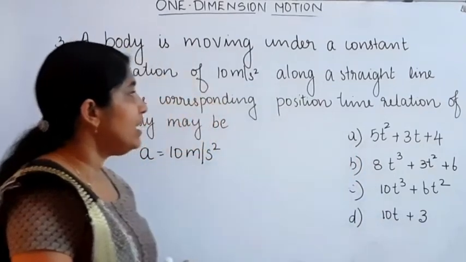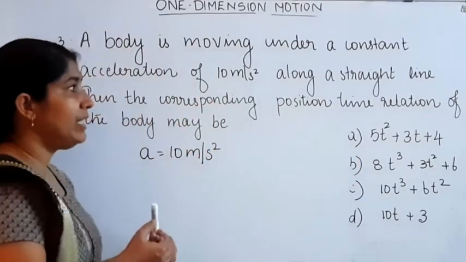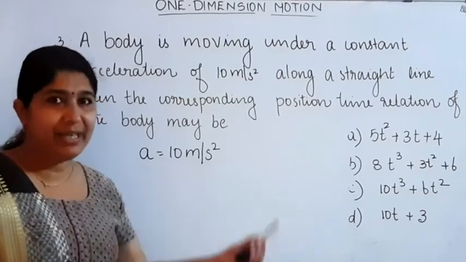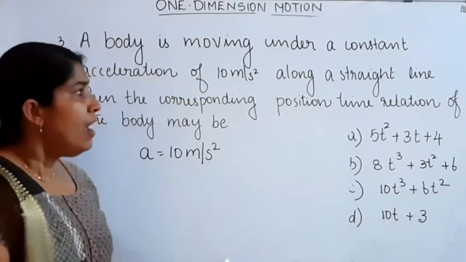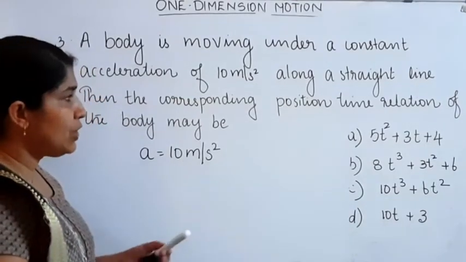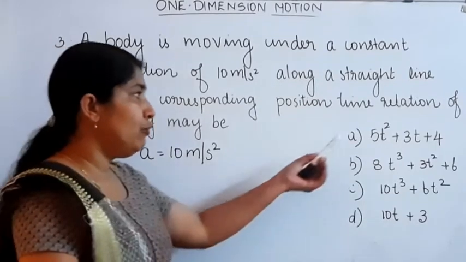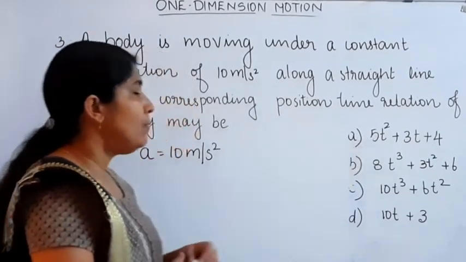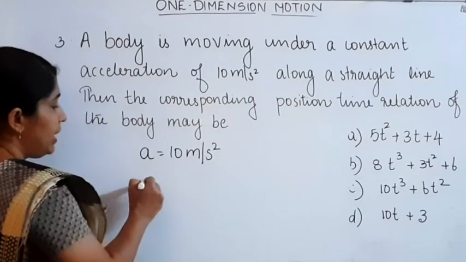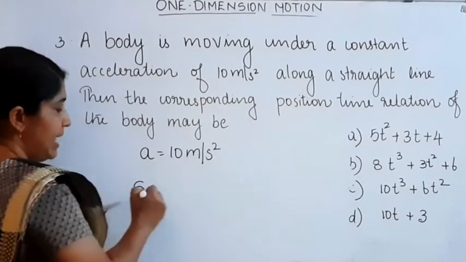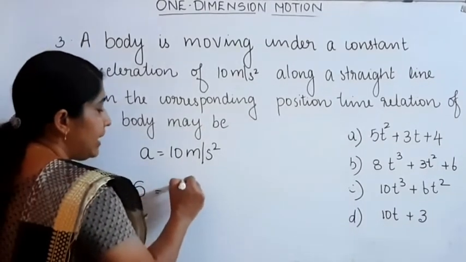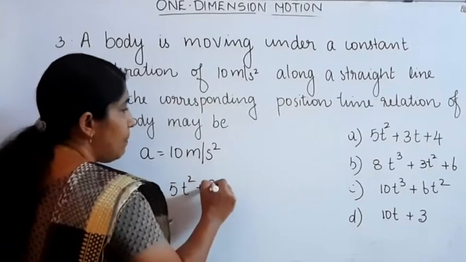In these questions, we can find the position time relation from the options themselves. First of all, we take option A. The position time relation for option A is S is equal to 5t square plus 3t plus 4.